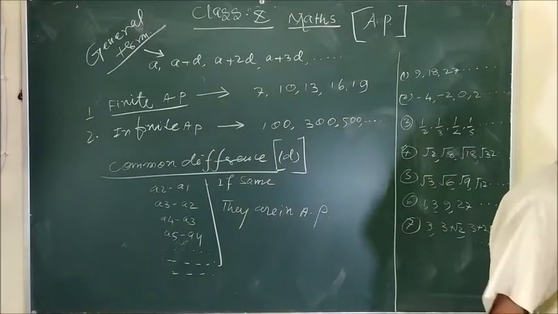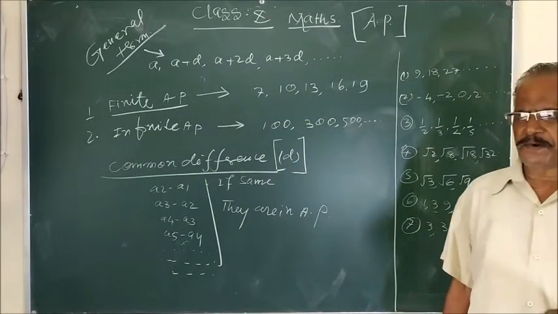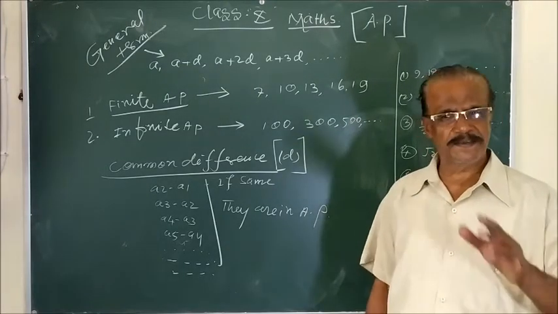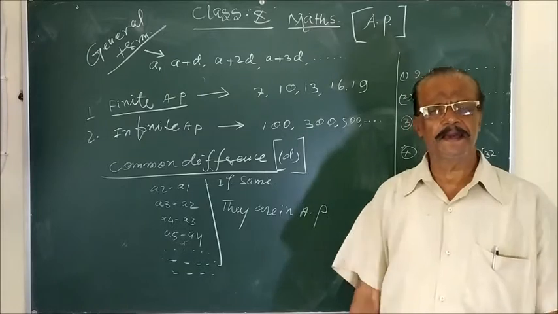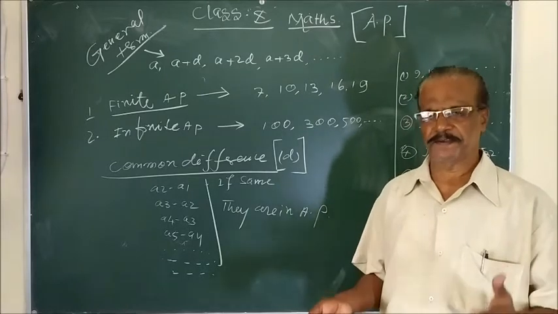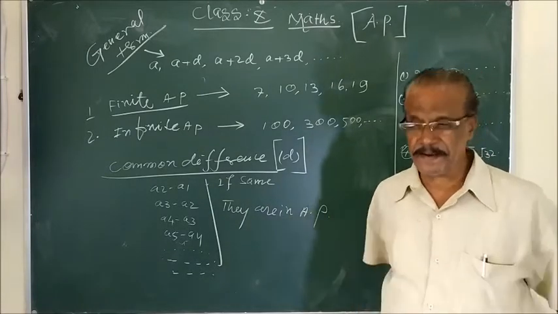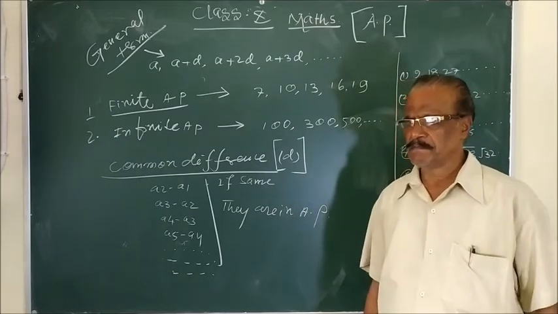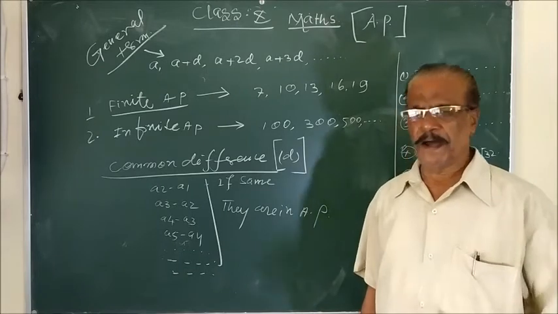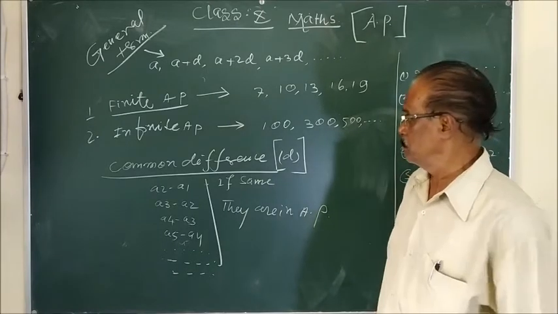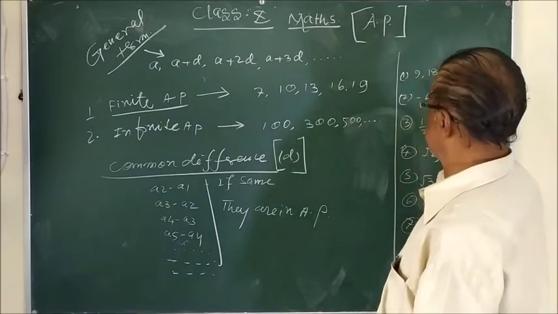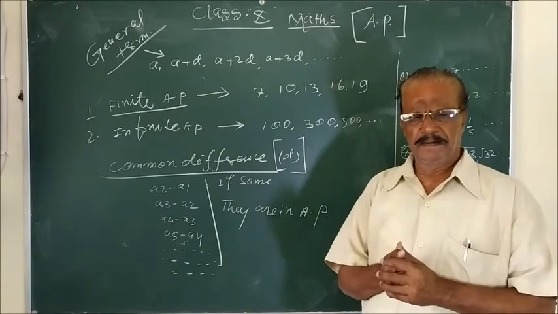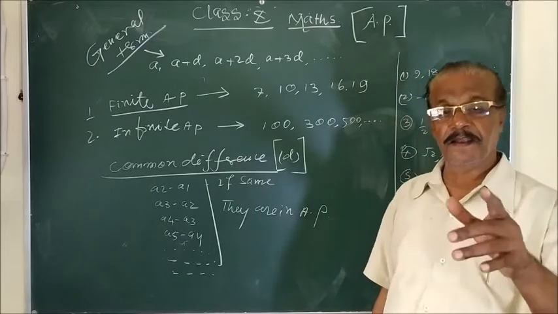if the difference of two consecutive terms, meaning whatever numbers are in it, we call them terms: first term, second term, third term, like that. If the difference of two consecutive terms is the same, is fixed, that means the numbers are in AP.